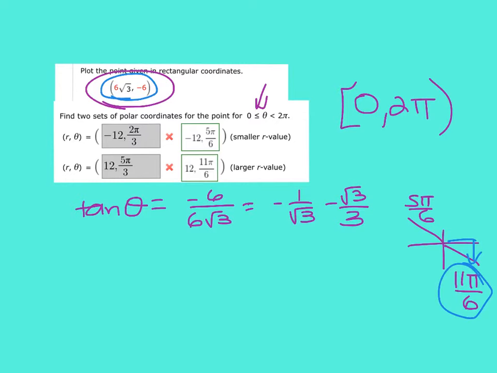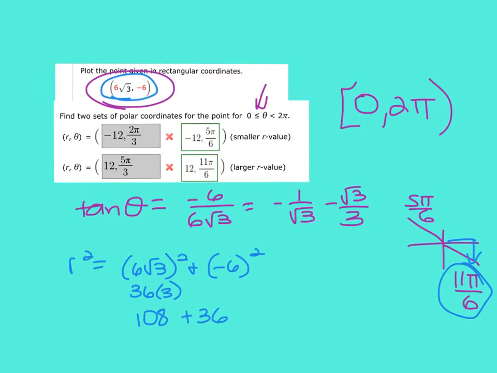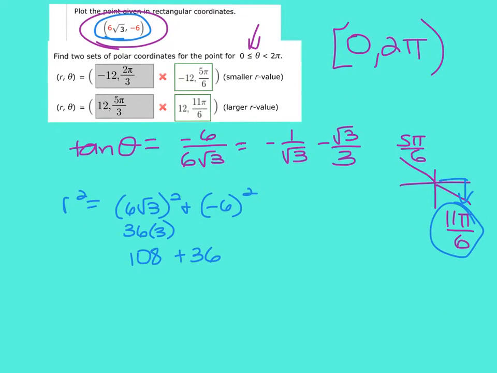Then, oh, you also had to find the radius. So r squared equals x squared plus y squared. And I'd get 36 times 3, 108, plus 36, 144, square root of that is 12.